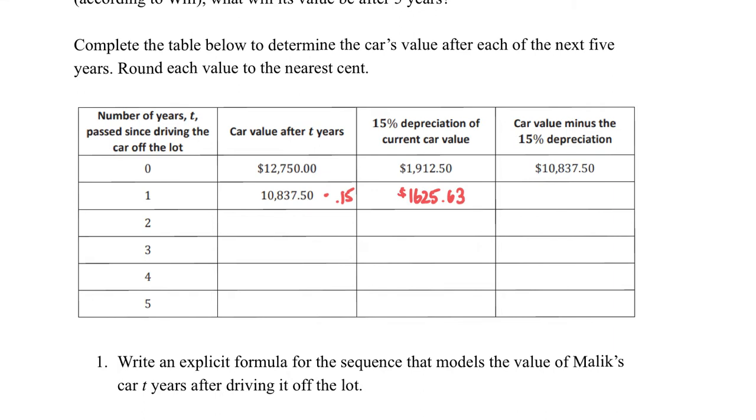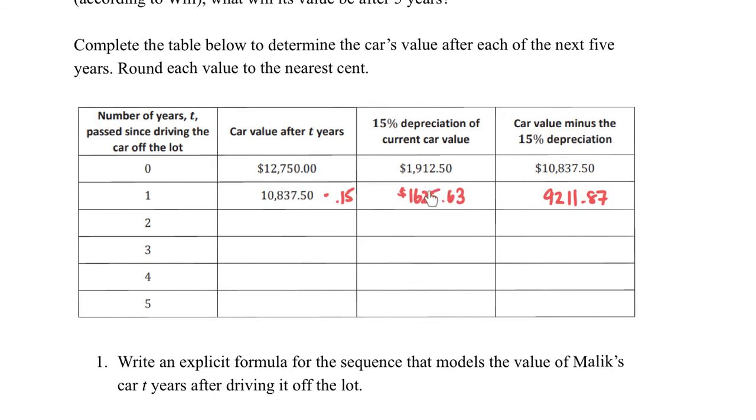So then what I do is I take the value at the beginning, and I'm just going to subtract off how much it's going to depreciate by. So I'm going to subtract that, and now I have the new value, which is $9,211.87. So this is 15% of the value because the car is depreciating by 15% each year.